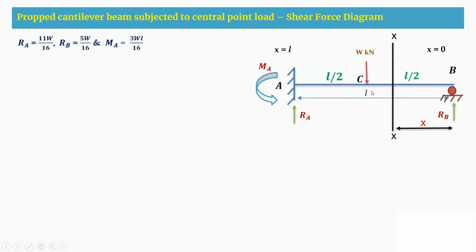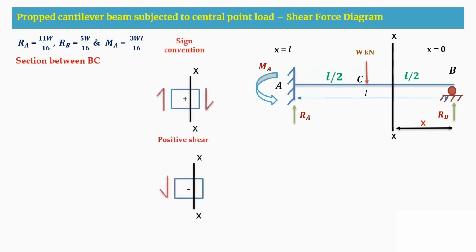Here we have to cut the section two times: one segment is in the BC section, another is in the AC section. First we consider the section to be in BC. This is the sign convention for the shear force.